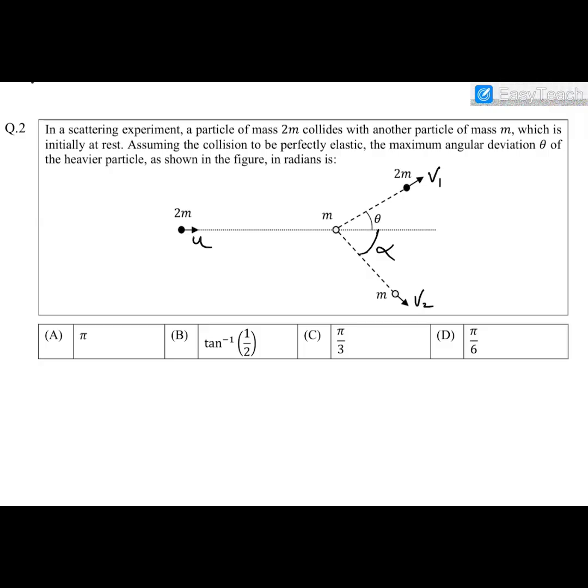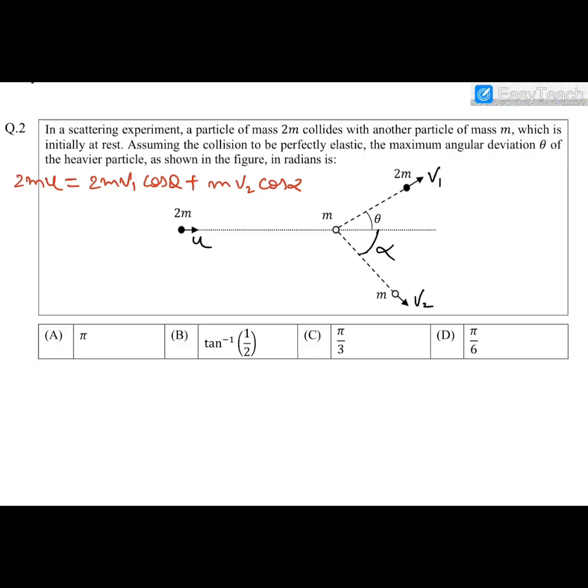So this is v1 and this is v2. The first equation will be 2mu equal to 2mv1 cos theta plus mv2 cos alpha.